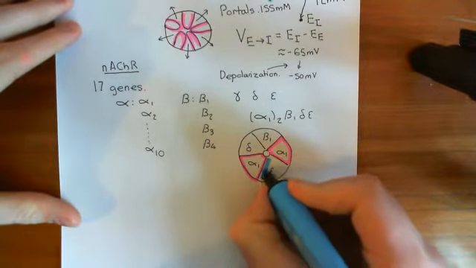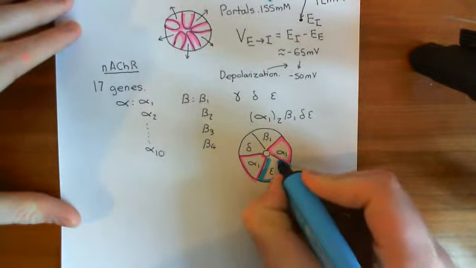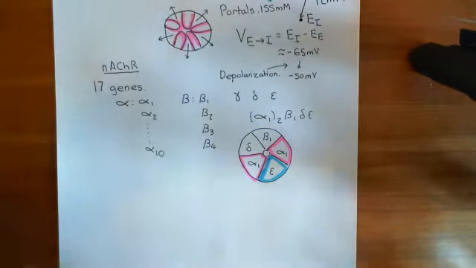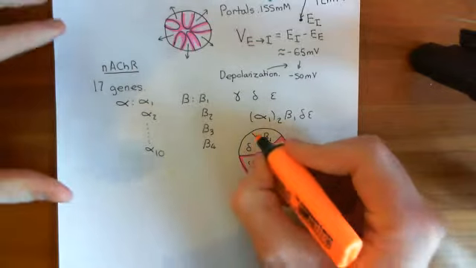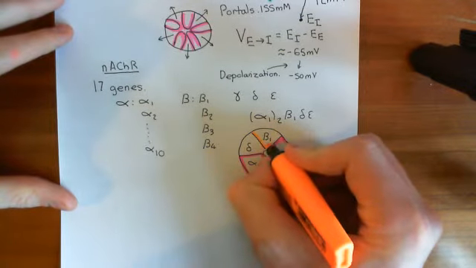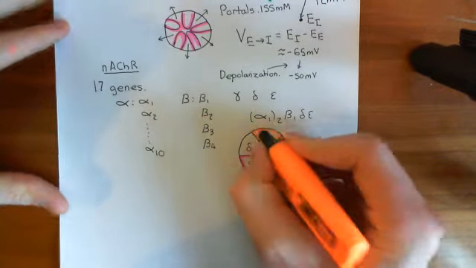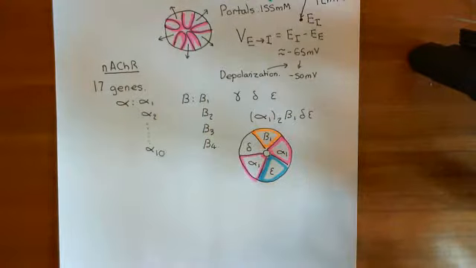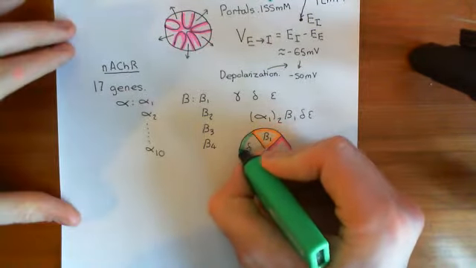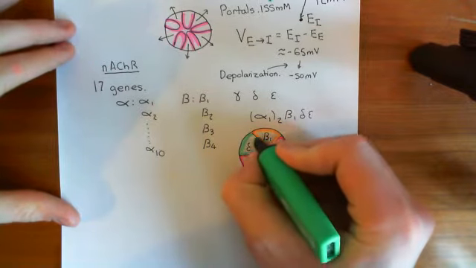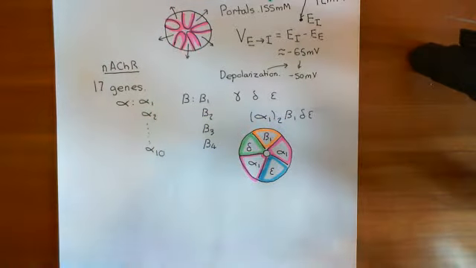The beta-1 subunit we'll have in orange here. And then we'll have delta in green. Right, so this is the neuromuscular junction form of the nicotinic acetylcholine receptor.